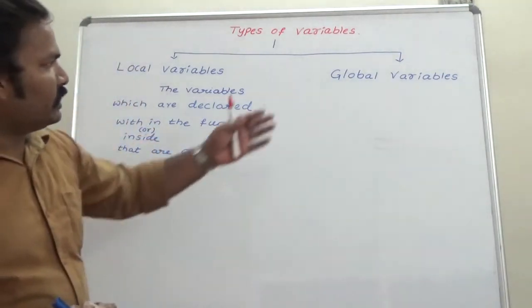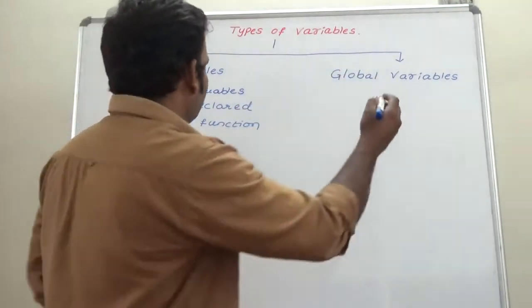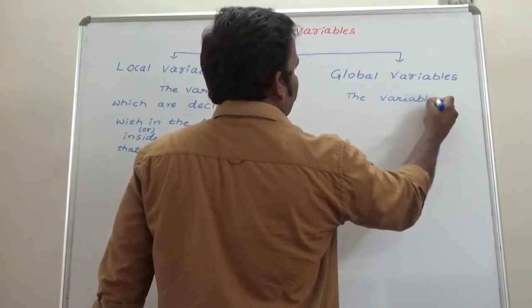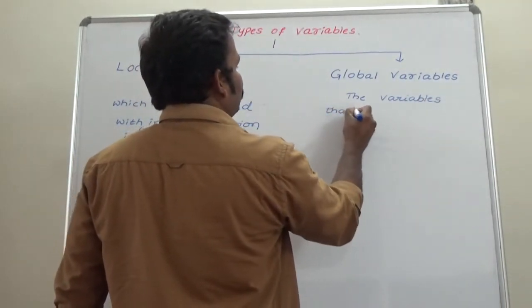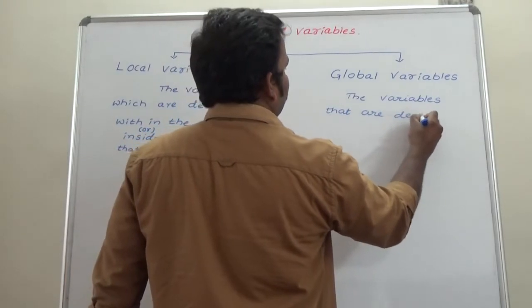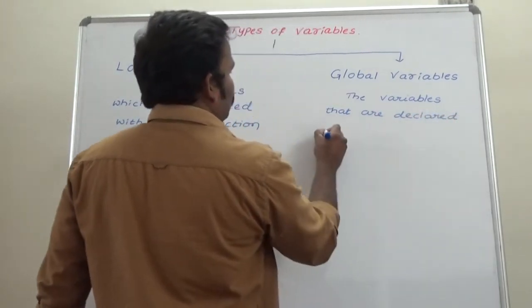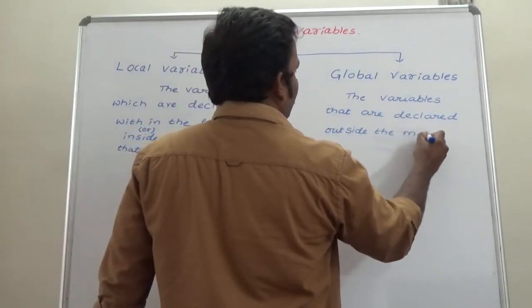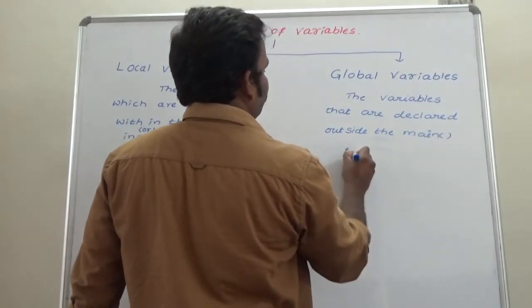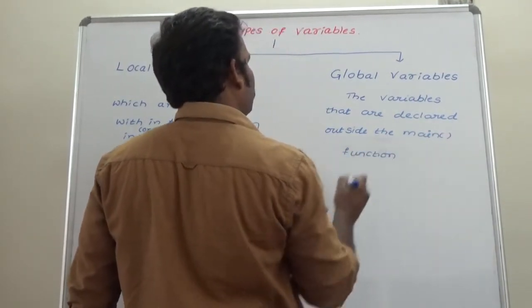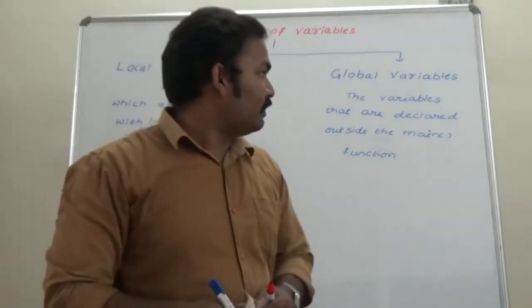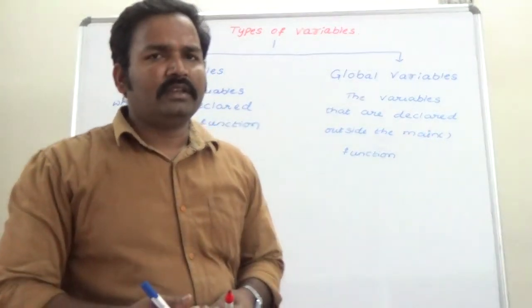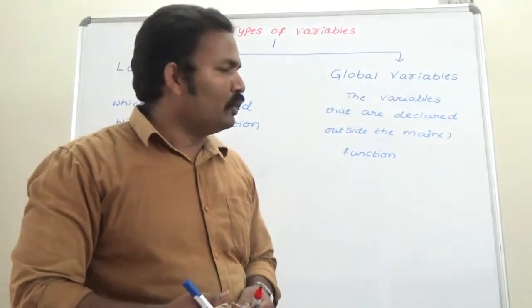Next, global variables. The variables that are declared outside the main function, meaning above the main function, are called global variables.